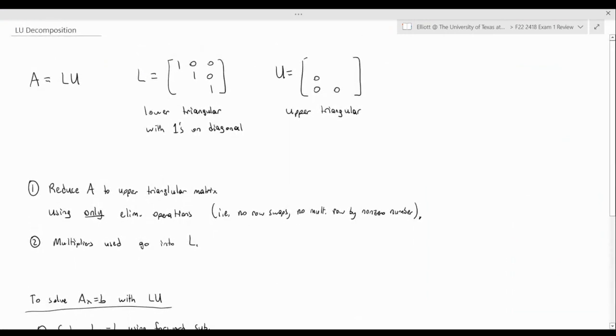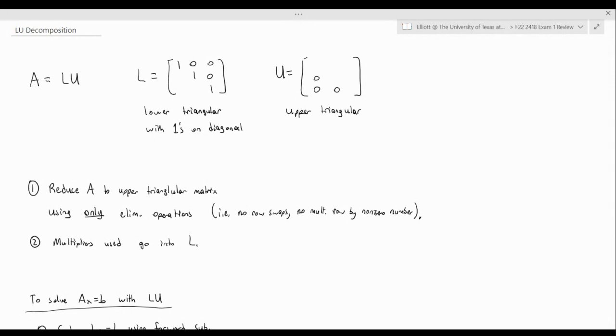So the LU decomposition is factoring a matrix A into a product of two matrices L and U, where L is lower triangular with ones on the diagonal, and U is going to be upper triangular, although the diagonal entries are not necessarily ones though for U, okay?